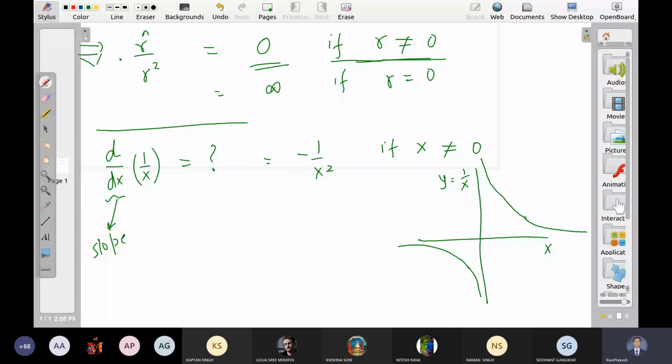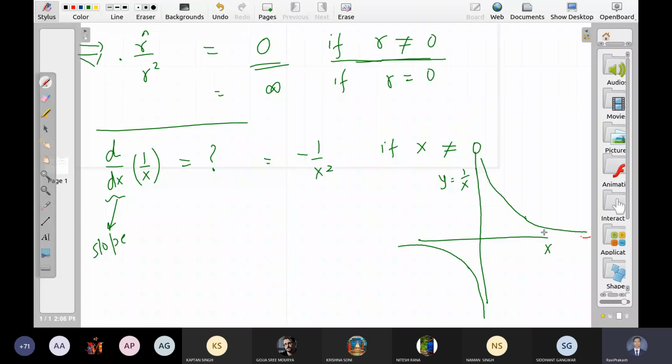And you can also see, when x is large enough, let us say x is infinity, according to this derivative, slope is minus 1 by infinity, which is 0. And from the curve also you can see, if you take slope at infinity, it will be parallel to x-axis, right?